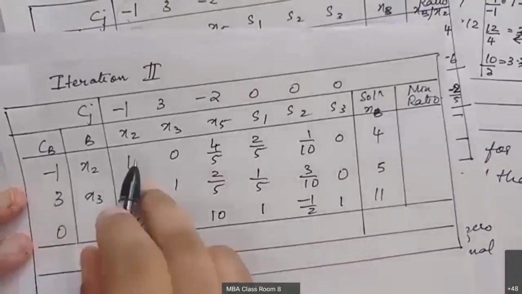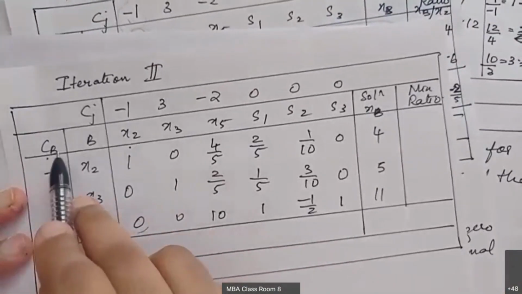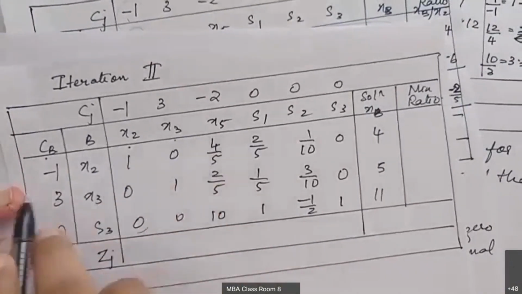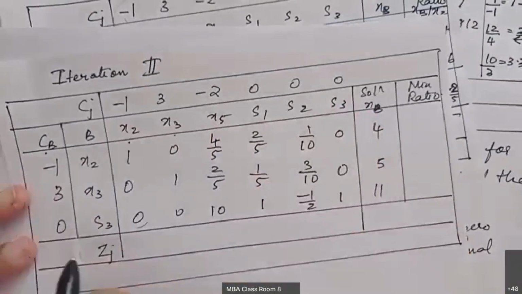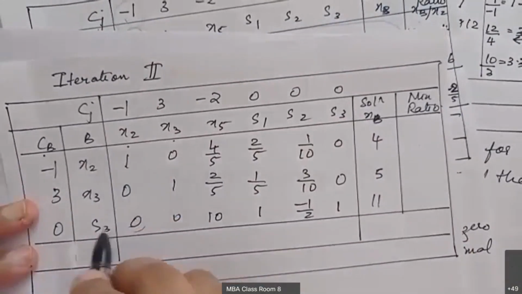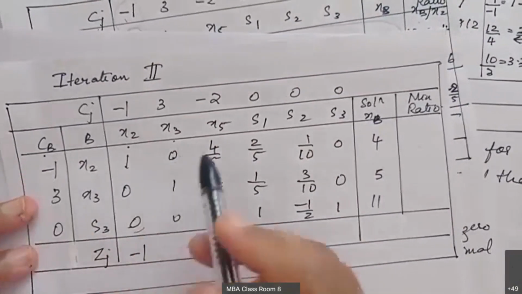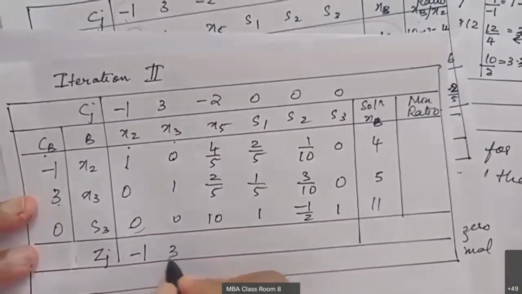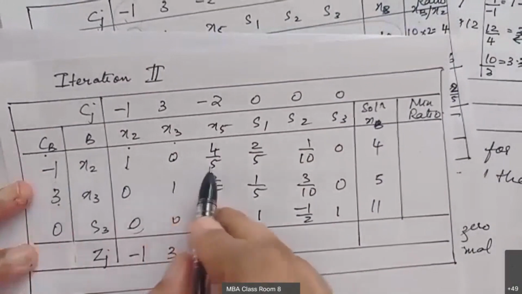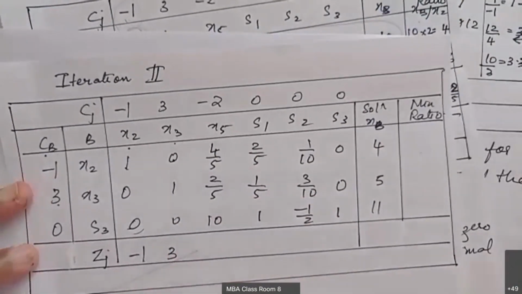Okay, what is Zj? All these CB multiplied by x2. Okay, similarly CB multiplied by x3. You have to complete it. So tell me the values. Minus 1 into 1 plus 3 into 0 plus 0 into 0. That is minus 1. Next one. Here we have a 0 here, so we don't have to calculate. 3 into 1, that is 3. Next one. Minus 1 into, here I'll take it down, this value.